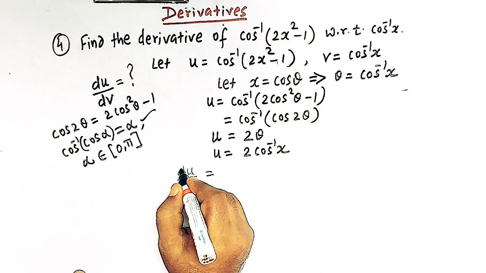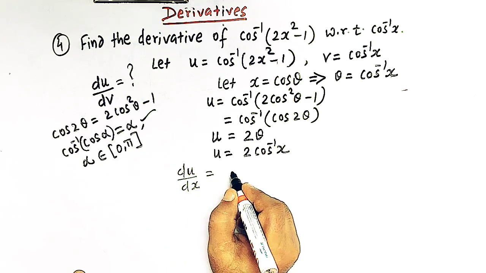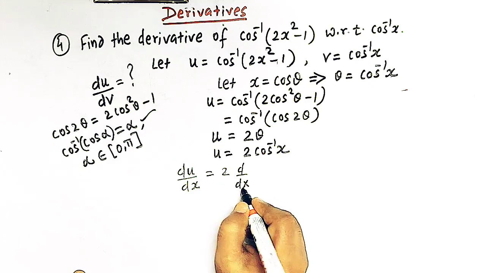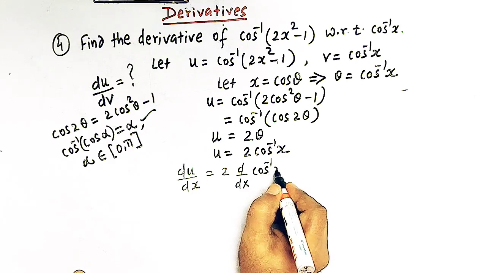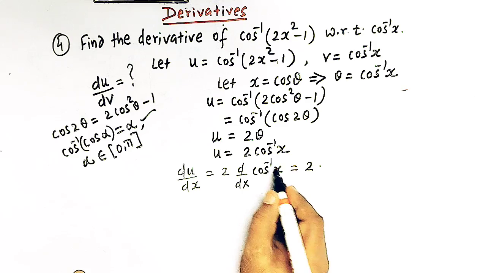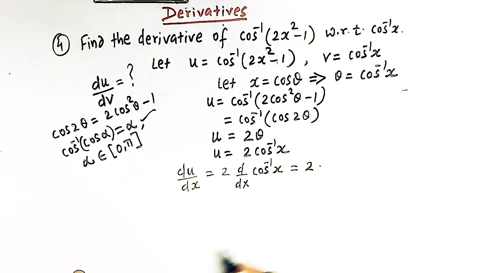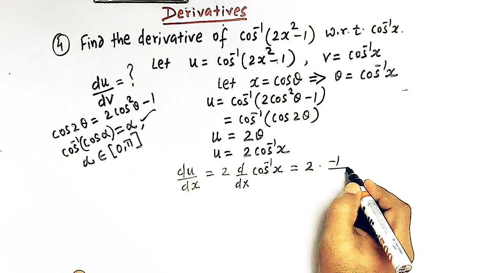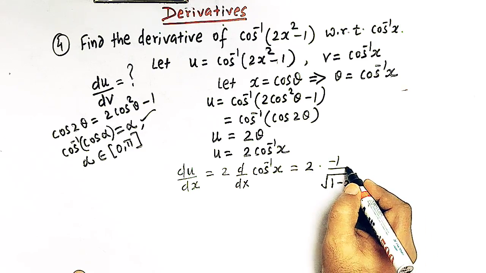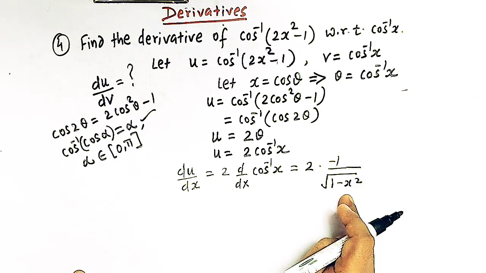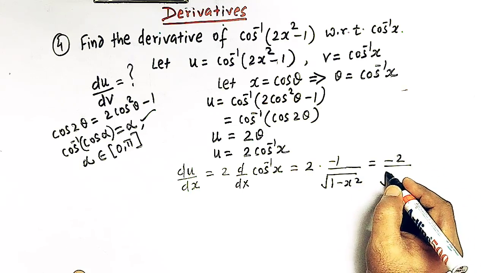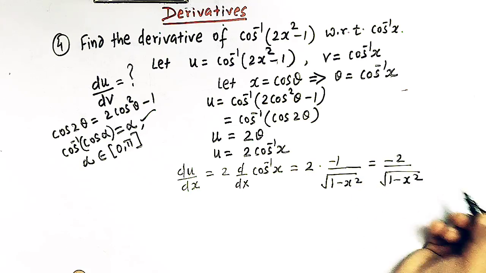So the derivative, that is du over dx, is given by 2 times the derivative of cos inverse x. So we have 2, and the derivative of cos inverse x with respect to x is minus 1 over square root of 1 minus x square. So this is a standard result. So here we have minus 2 over square root of 1 minus x square.